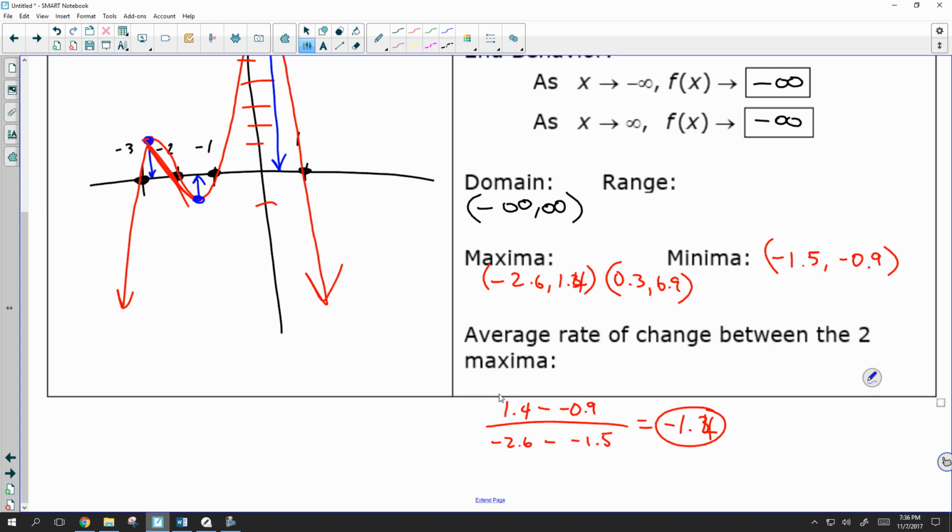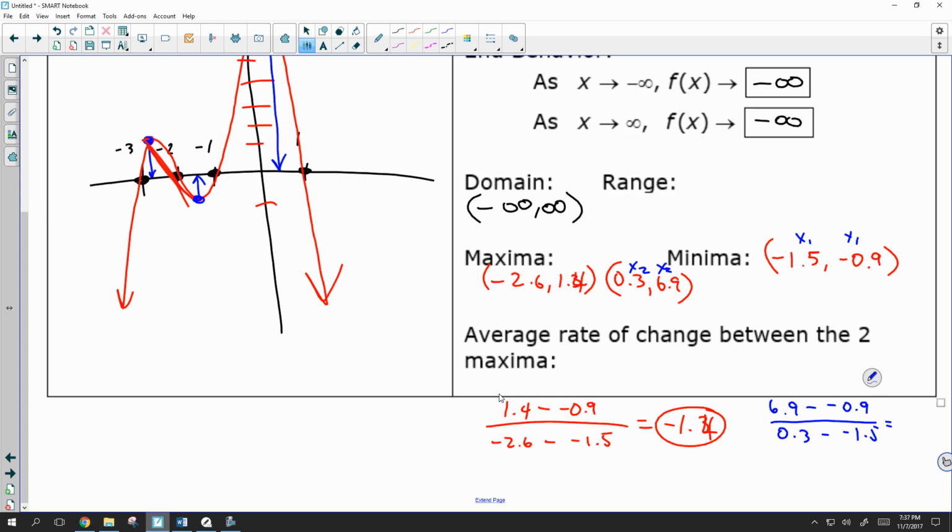So we do the high maximum and then the minimum again. I'll just say x1, y1, x2, y2. So y2, 6.9 minus y1, negative 0.9, over 0.3 minus negative 1.5. And again, that all goes in the calculator.